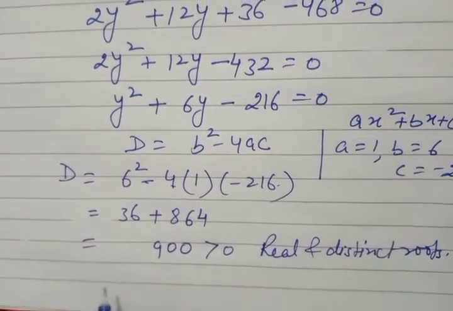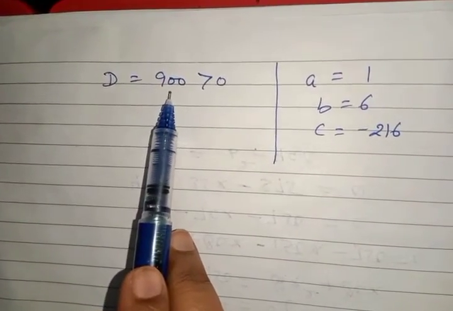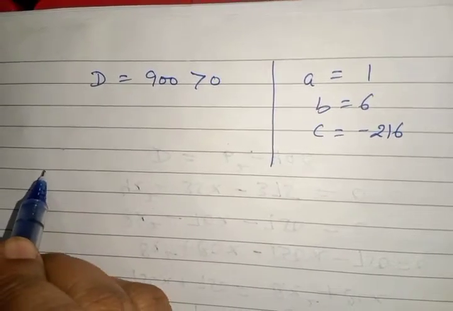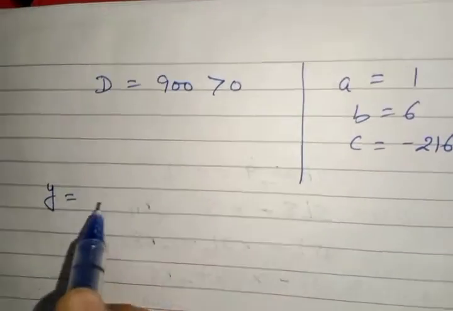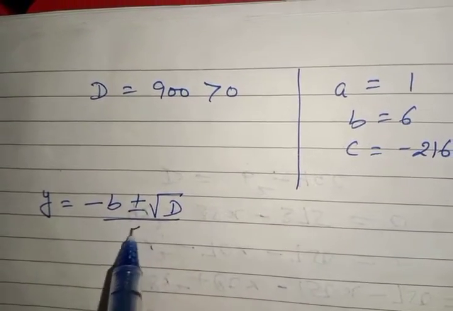And if we have real and distinct roots, we can solve it. So the discriminant is 900, which is greater than 0, so real and distinct roots. And the formula we know, y is equal to minus b plus minus root d upon 2a.